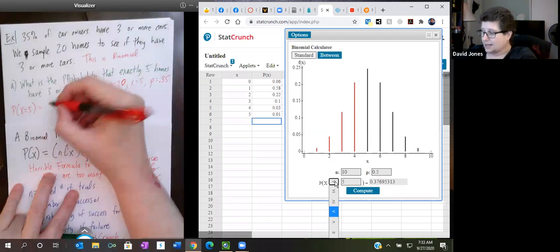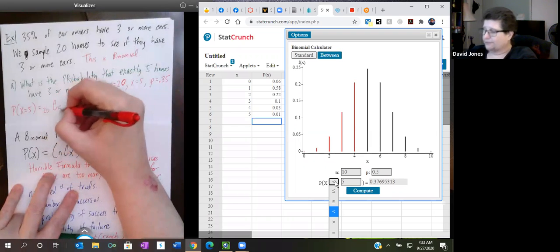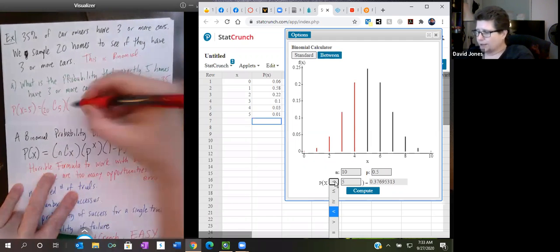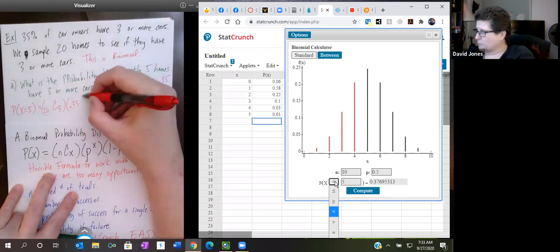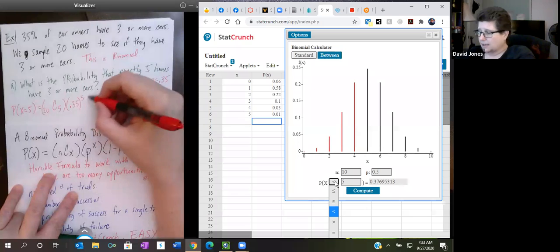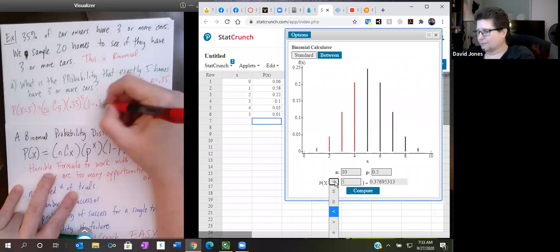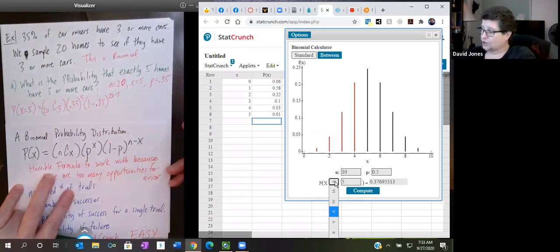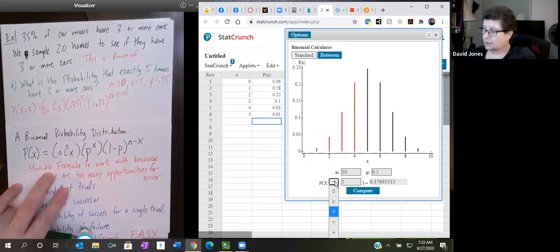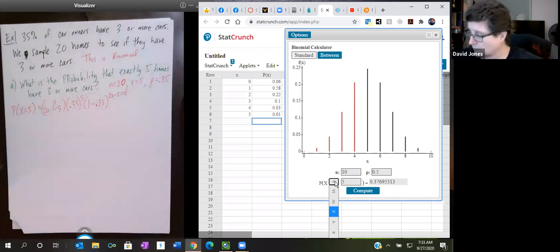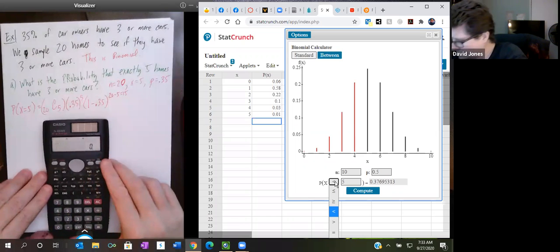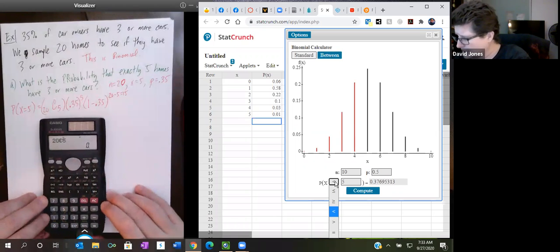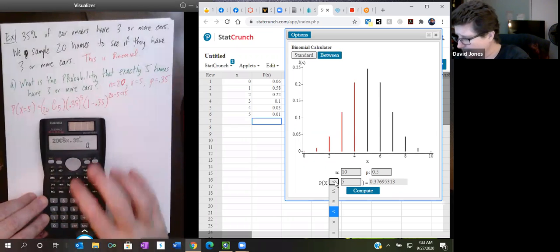N choose x is 20 choose 5, and we're going to multiply that by p to the x, 0.35 raised to the 5th power. And then we're going to do 1 minus 0.35, 1 minus p raised to the 20 minus 5 power, which is 15. Choose 5 times 0.35 raised to the 5th power.